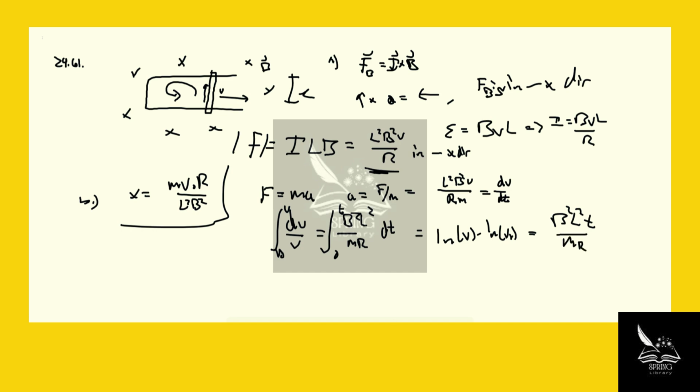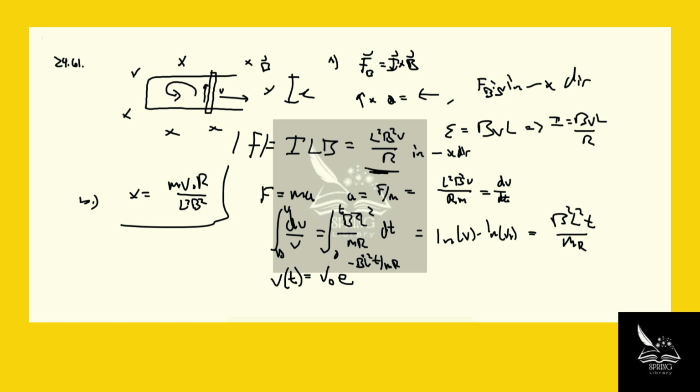Okay, so if we want to combine these two natural logs, we can then exponentiate both sides and solve for V. So if we do that, we're left with V of t, and this is going to be equal to V naught, the original starting value, times the exponential of the rest of the expression. Cool.